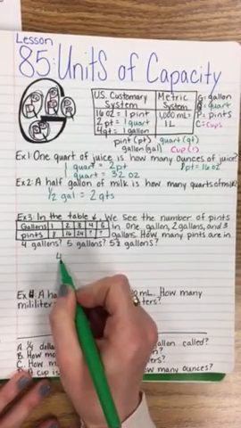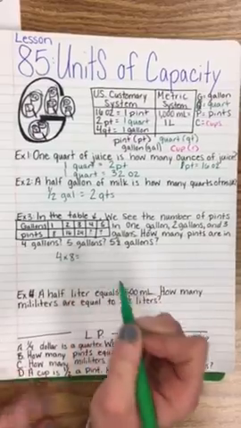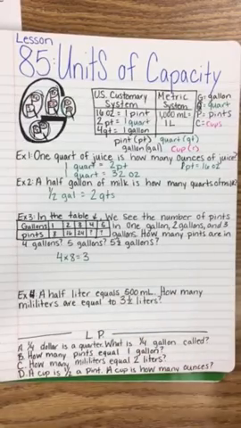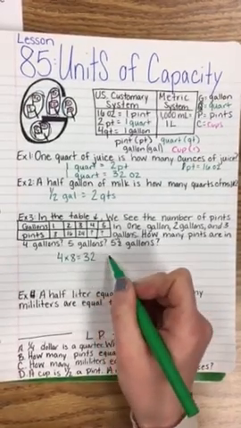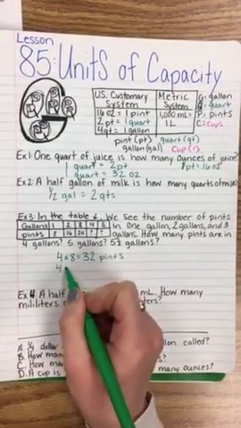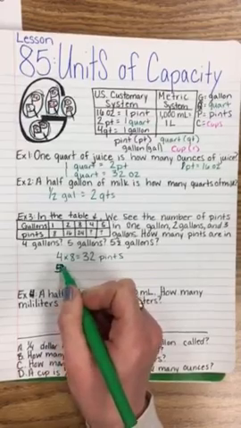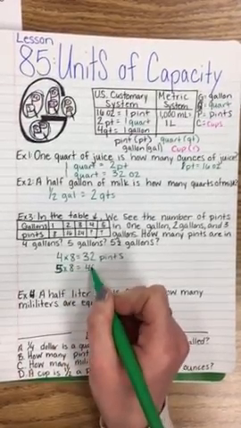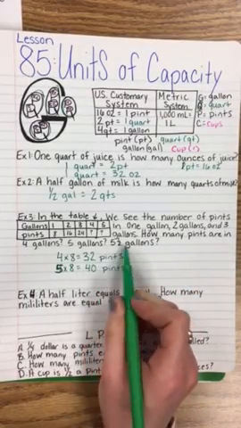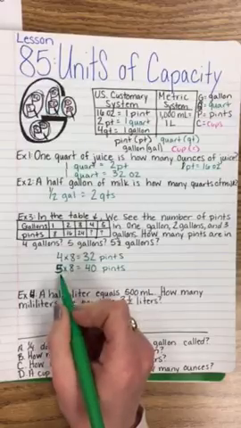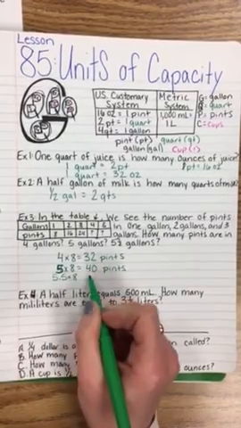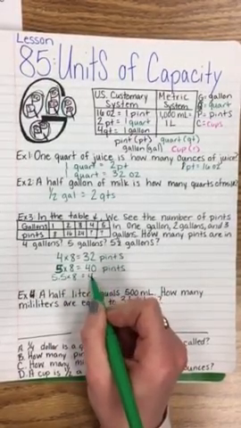So we need to do 4 times 8 equals 32 pints, and 5 times 8 equals 40 pints, and for 5.5 gallons, we would have to add 4 more, so 5.5 times 8 equals 44 pints.